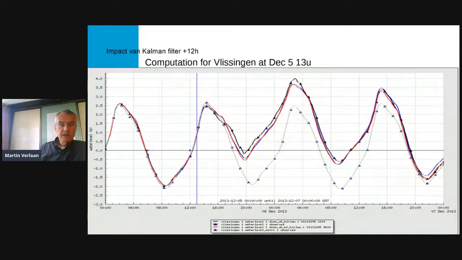When we made a forecast early that afternoon, and now we've cheated a little bit. Of course, this is a few years back, so I can draw the observations also into the future. So the forecast was made at the point where you see the vertical blue line. And so it's the actual forecast that was made at that time. But of course, the observations were not available.